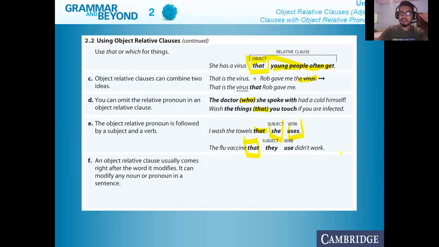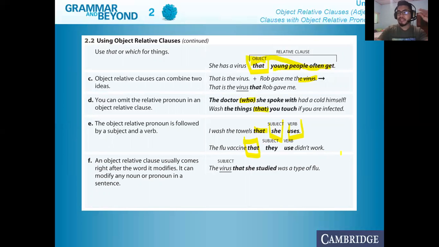An adjective relative clause usually comes right after the word it modifies. You can modify any noun or pronoun in a sentence. That is another difference: in this case, these kinds of clauses will come after the thing that we're modifying. In the case of subject relative clauses, they can come at the beginning of a sentence. So that is something interesting and something that is going to help you to differentiate both types of clauses as well.